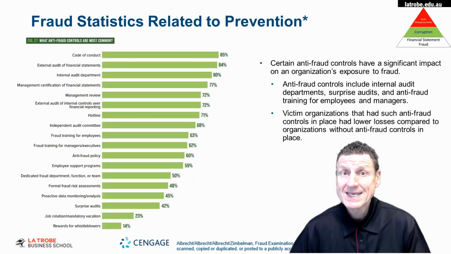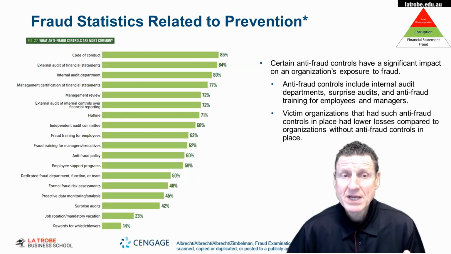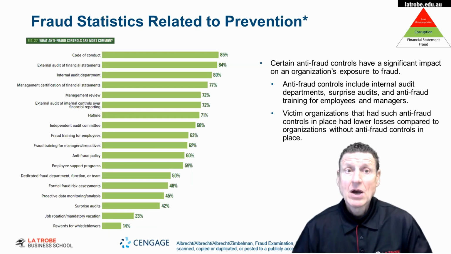The fraud statistics related to prevention are as follows. If we put prevention programs in place, this shows what anti-fraud controls are most common in organizations that have reported fraud. What is most common is a code of conduct.